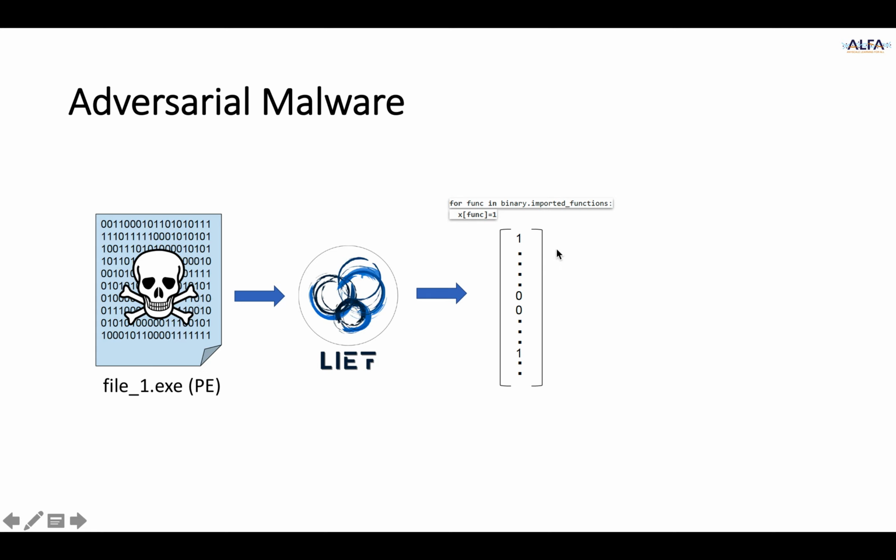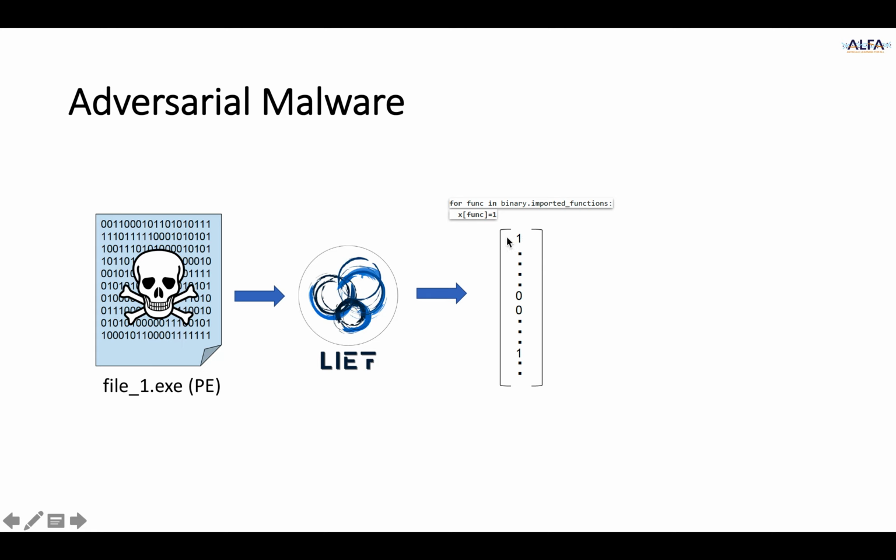And so the threat constraint that we consider in this challenge is that the malware authors are only allowed to add additional API calls. So for example, for this specific API call at this entry, it's not being used by the PE file, but the malware author could add it without changing its functionality so as to fool the detector.